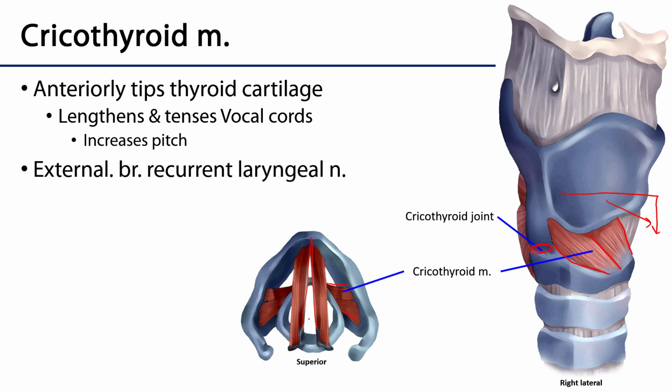thus increasing pitch. These are special muscles in terms of innervation because they are innervated by the external branch of the superior laryngeal nerve. And owing to this large distance, they can really increase pitch.